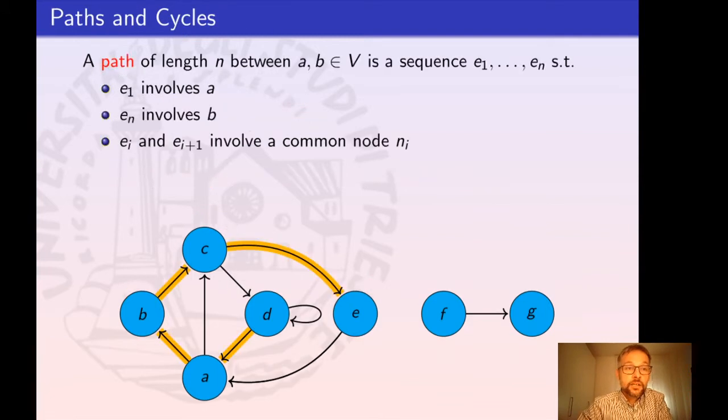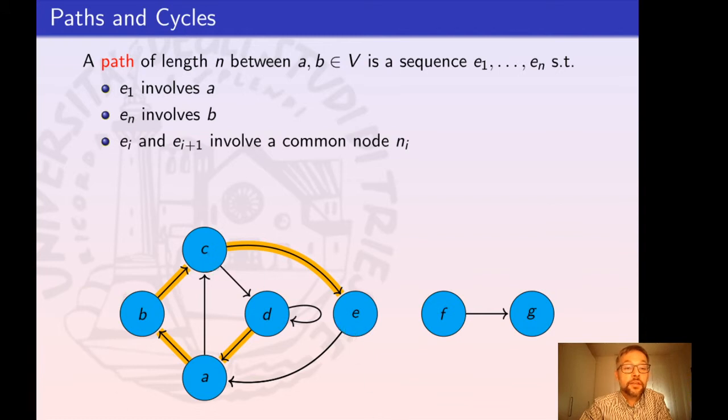Okay, now what's a path? Well, a path is a sequence of edges which are pairwise connected, so two subsequent edges in the sequence must be connected through a node. So this is a path you can see on the slide, the path from D to E, and to go from D to E you have to move along A, B, C and E itself.